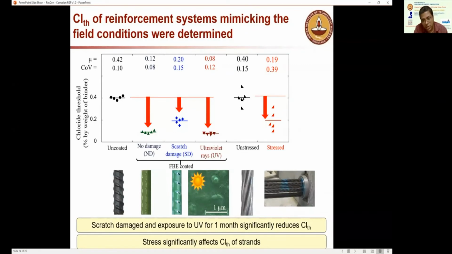If it is unstressed, it is 0.4, but if it is pre-stressed, which is the reality, it's much lower, about half of the unstressed value. So for residual life estimation, we should use the markers shown below the red arrows and not the black ones at 0.4. We have to use realistic chloride threshold values, closer to reality.